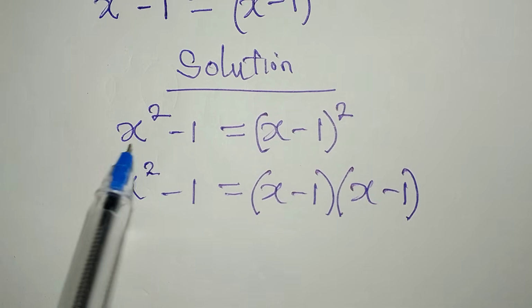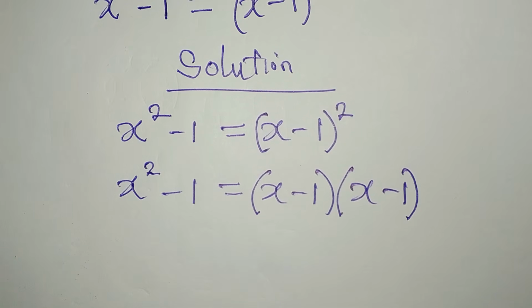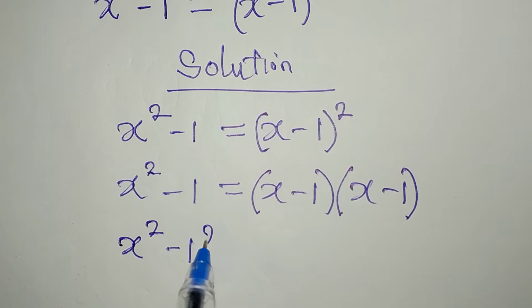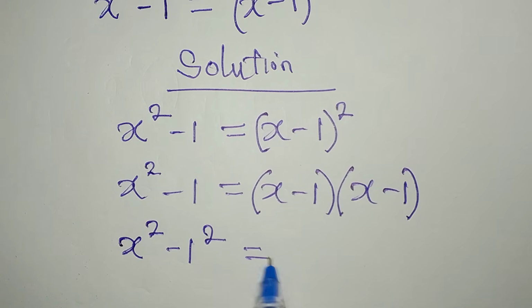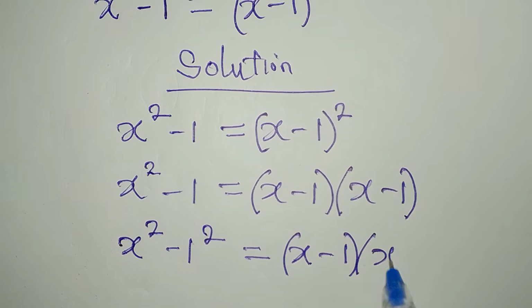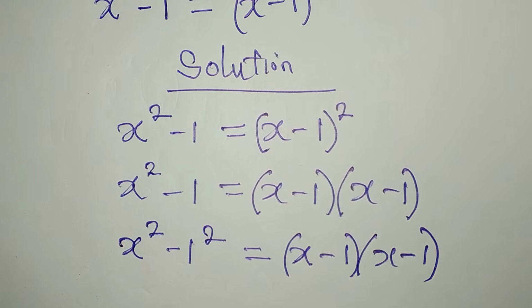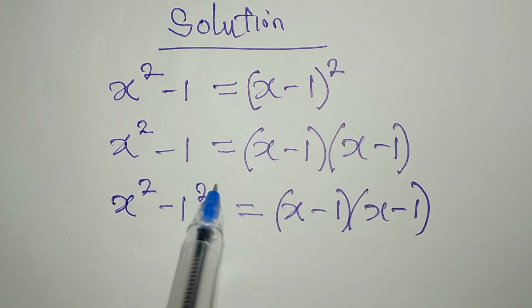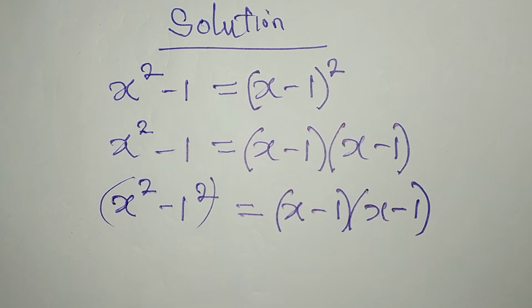Now, from here again, I can express this using difference of two squares. So we now have (x squared minus 1 squared) being equal to (x minus 1) into (x minus 1). Now this again, we can express using difference of two squares, right?